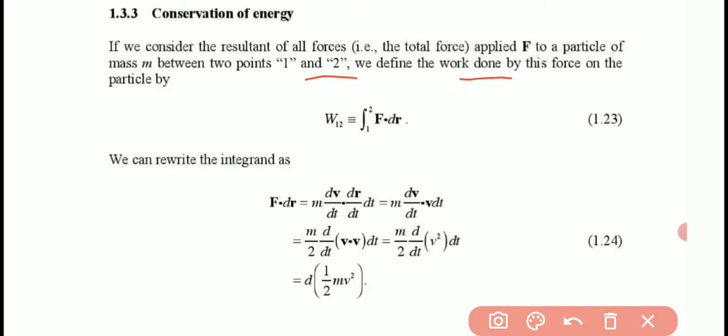we define the work done by this force on the particle as W12, which equals the integration from 1 to 2 of F dot dr. We rewrite the integrand F dot dr as m dv by dt dot dr by dt into dt, which equals m dv by dt dot v dt.